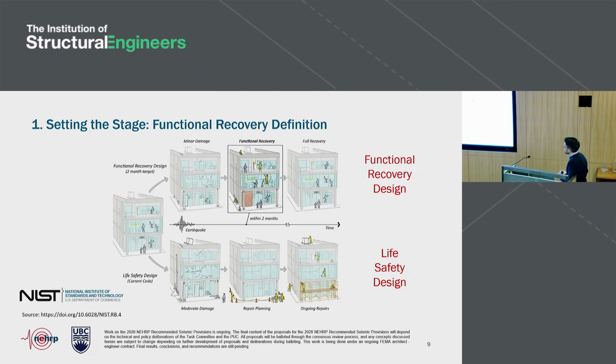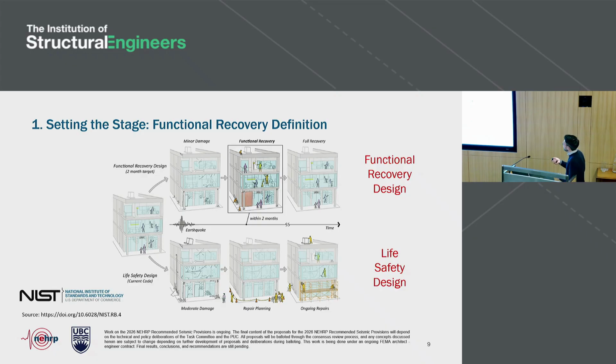There's also this nice cartoon, which I think is a lot better than the one I had in the previous slide. It was recently published by NIST, and it does a really good job at trying to convey the differences between life safety design in the bottom and functional recovery design in the top, right? So in the bottom, we can see that after an earthquake, a building could experience moderate or even significant damage, and it will essentially be out of commission until you've conducted all the necessary repairs, right?